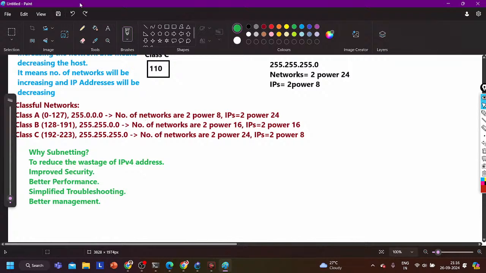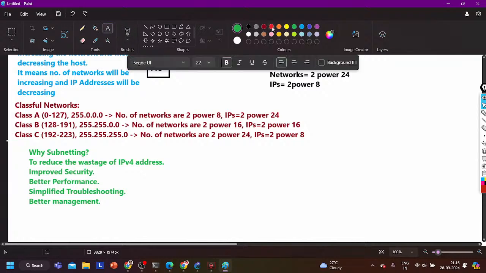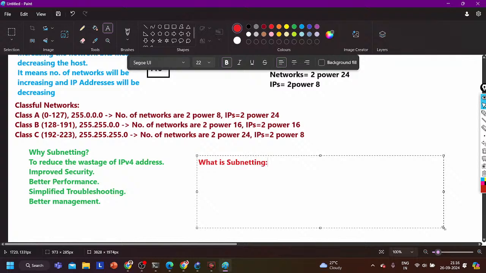Now, what is subnetting? Subnetting is a process of dividing a large network into smaller networks.